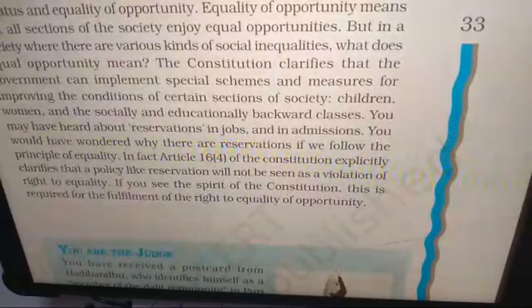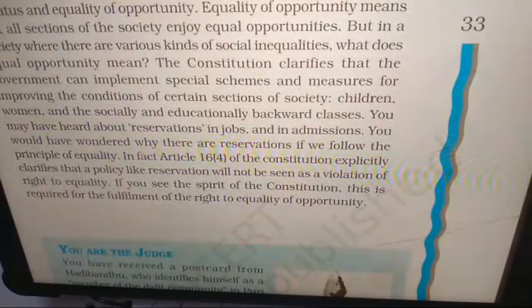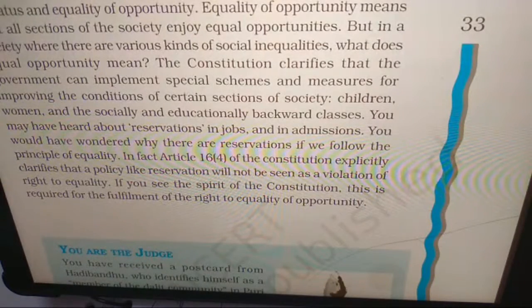In fact, Article 16, Clause 4 of the Constitution explicitly clarifies that a policy like reservation will not be seen as a violation of right to equality. If you see the spirit of the Constitution, this is required for the fulfillment of the right to equality of opportunity.